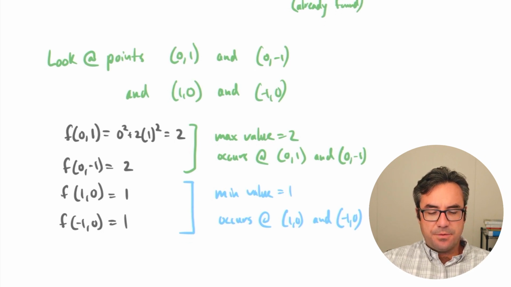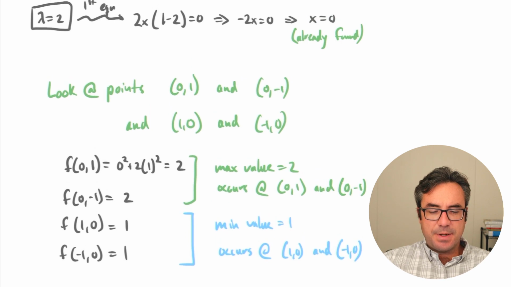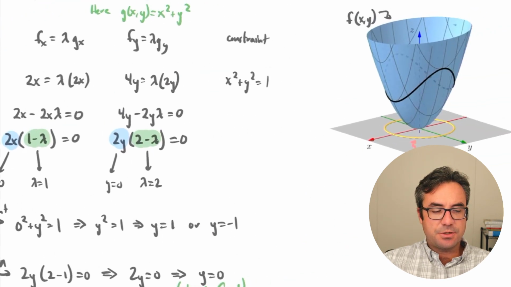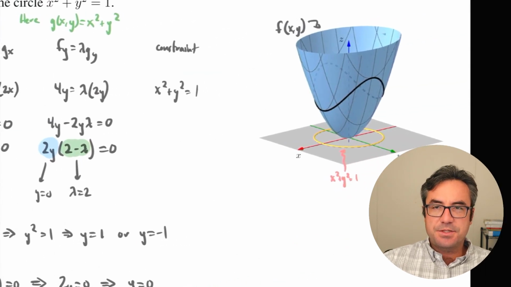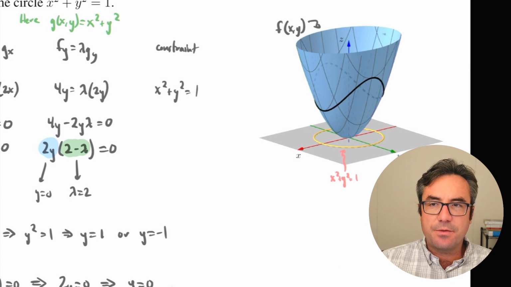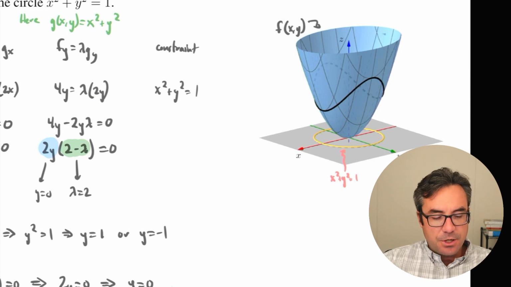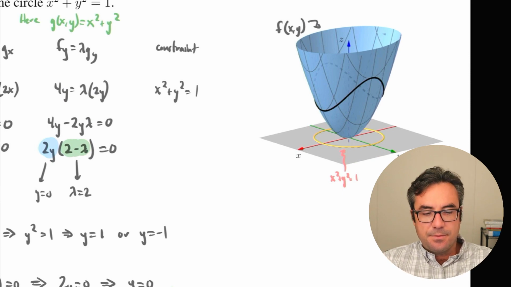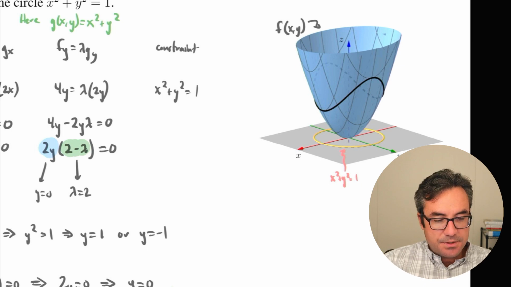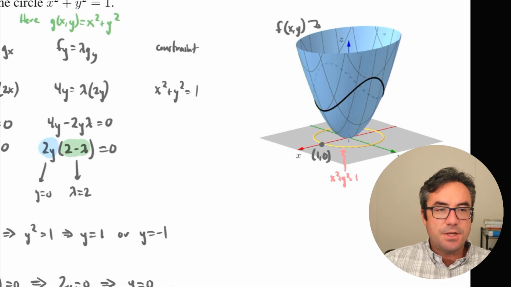So what we've seen is by solving this equation, we've actually located these points that we can kind of see where they sit on the graph. So we found that at the point 1, 0, that was a minimum.